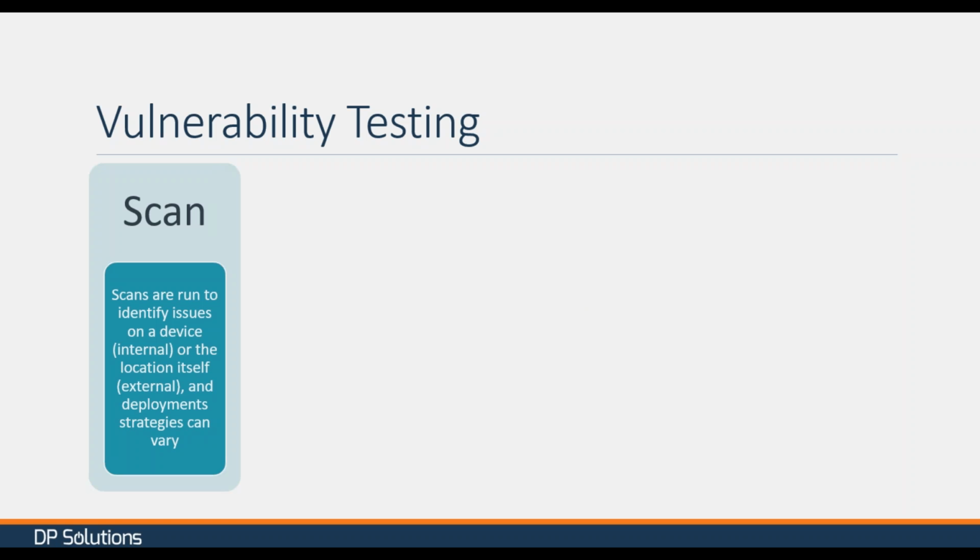But scans are run to identify issues on a device, and I would consider that an internal scan. So when I run a scan on my desktop PC, I consider that an internal vulnerability scan. Or the site itself, external. So think about your office, and in your office you most likely have, I'm hoping, an internet connection and a hardware firewall, preferably, probably some other stuff on your perimeter.